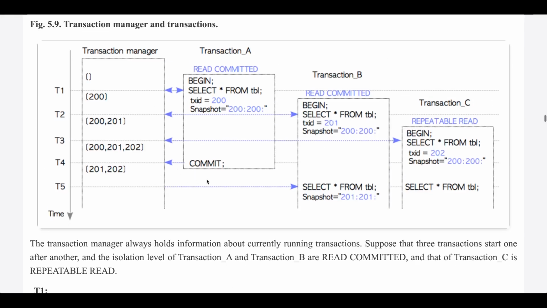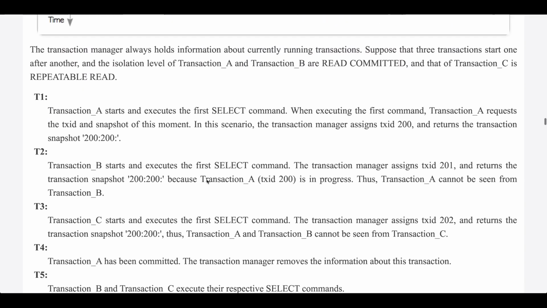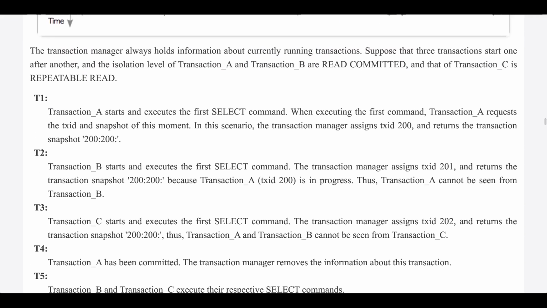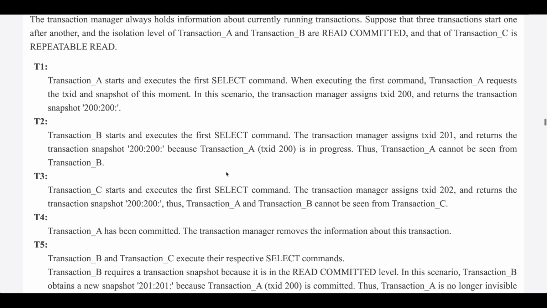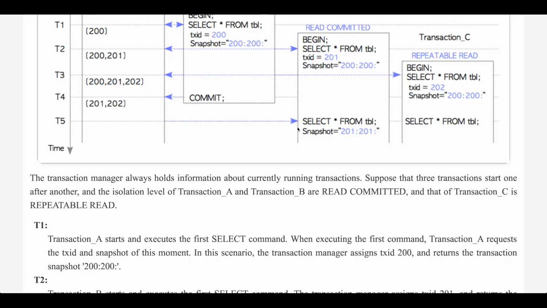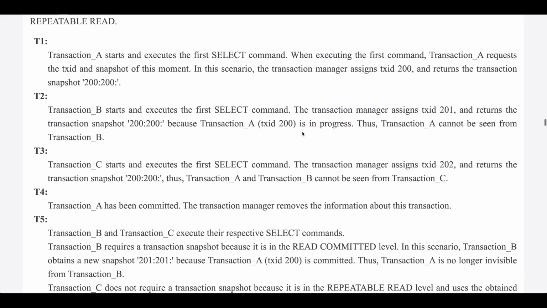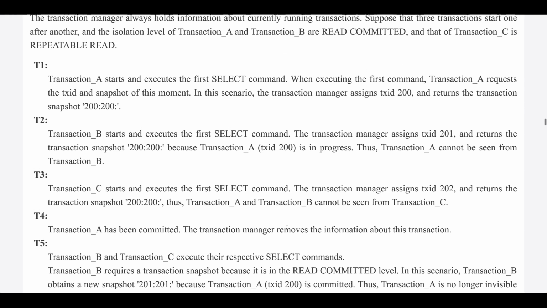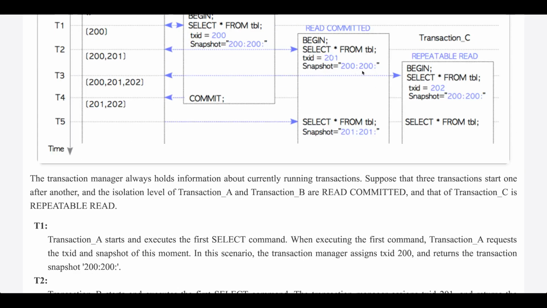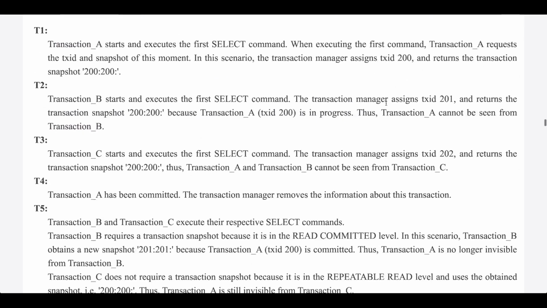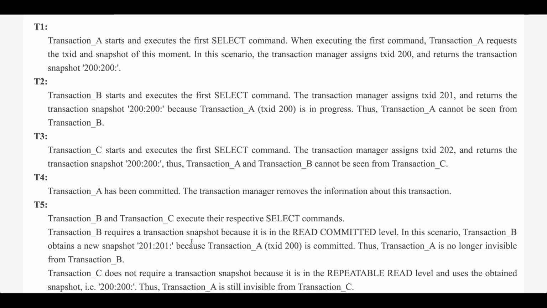Time 4. Transaction A has been committed. The transaction manager removes the information about this transaction. Time 5. Transaction B and transaction C execute their respective select commands. In this scenario, transaction B requires a transaction snapshot because it is in the read committed level.